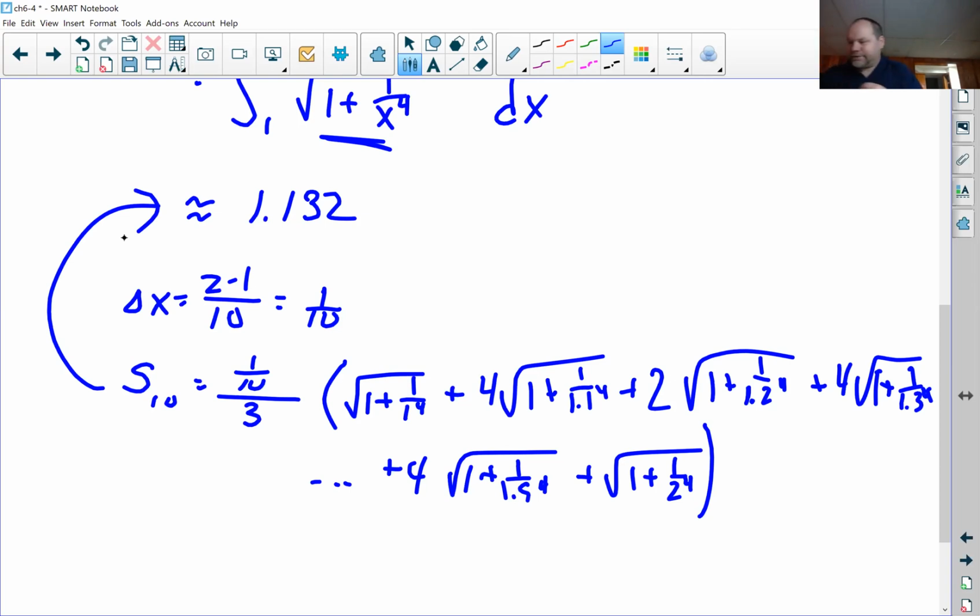I'm kind of partial to using the calculator, a little less work. And yes, on the AP exam, on the calculator portion, you can certainly use your calculator to evaluate an integral.